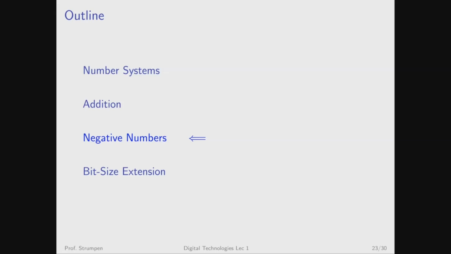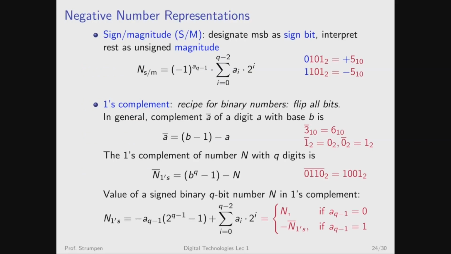So far, we have only looked at positive numbers or non-negative numbers, including 0. We also need to deal with negative numbers if we subtract, for example. And there are various different ways of representing binary negative numbers that I will just overview here on this and the next slide.